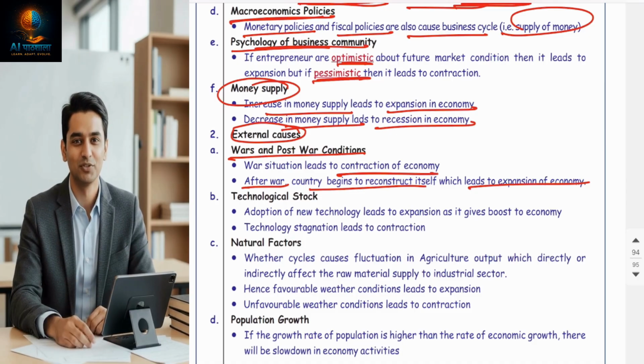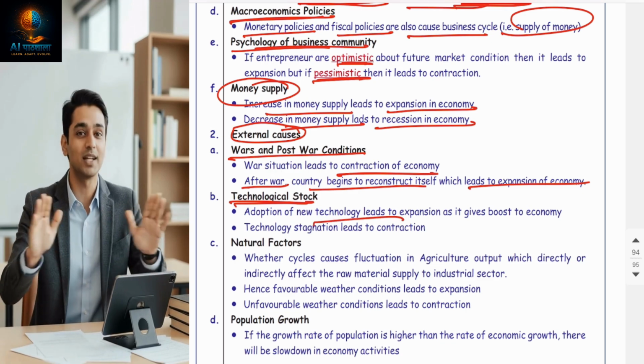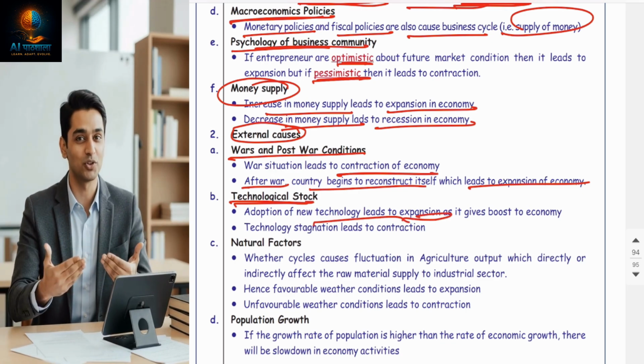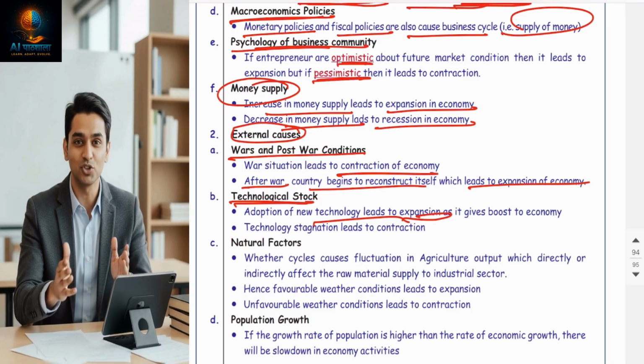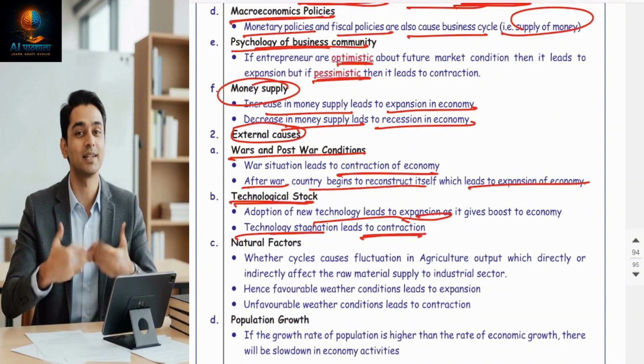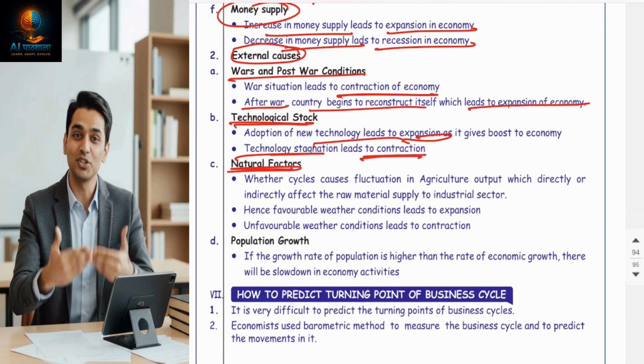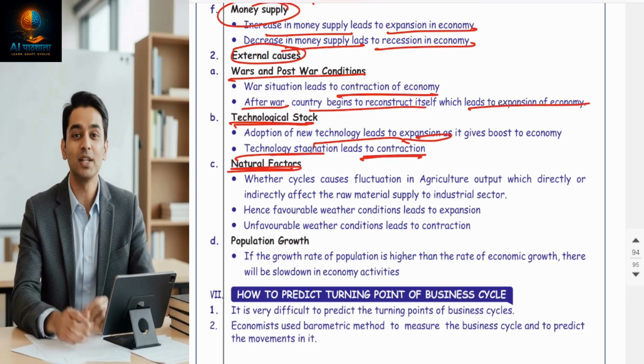Next is technological changes. Friends, new technology and technological development bring expansion, and stagnated, outdated technology leads to contraction. It's very simple. One more external cause out of control is natural factors.